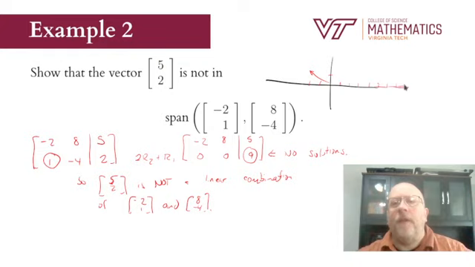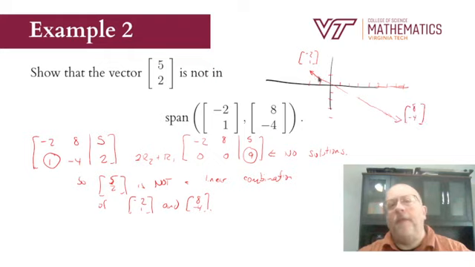It is just the same as negative 4 times this vector, which means it points in the opposite direction. And so this is negative 2, 1. This is 8, negative 4.